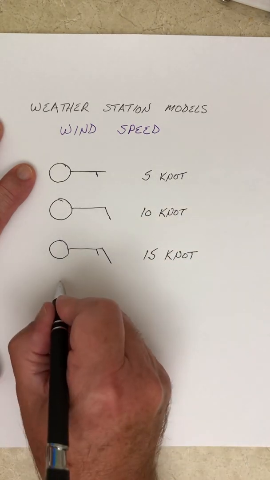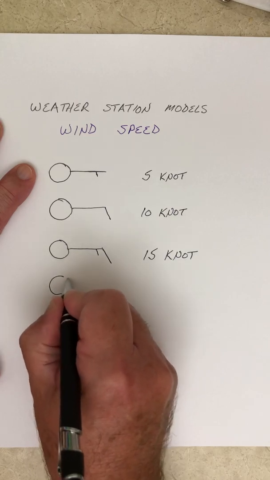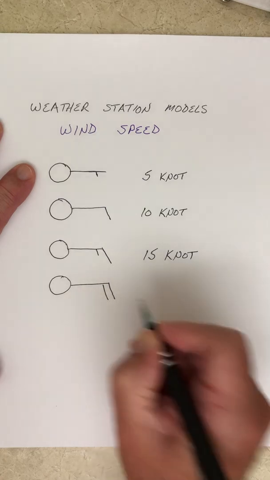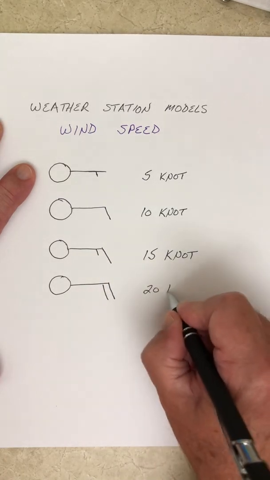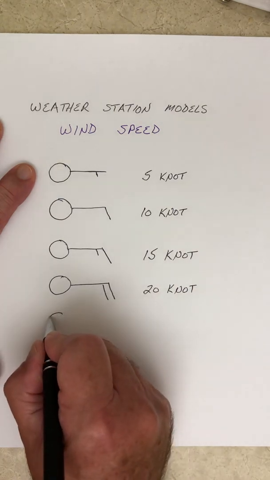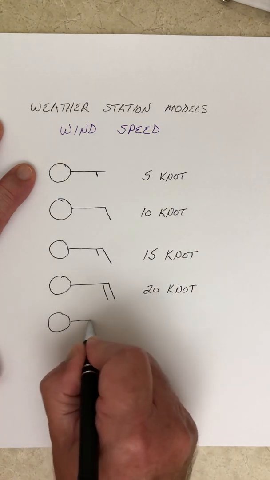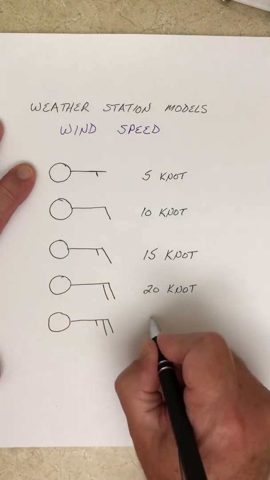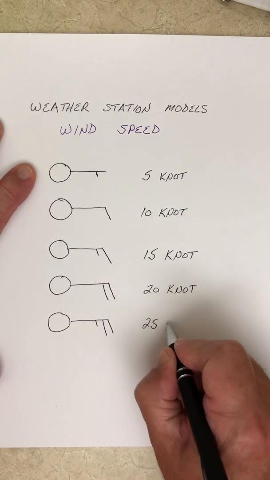Okay. And likewise, 20 would be 2 long flags at the end. 25, I think you get the idea. 2 long flags and a short flag would be a 25-knot wind.